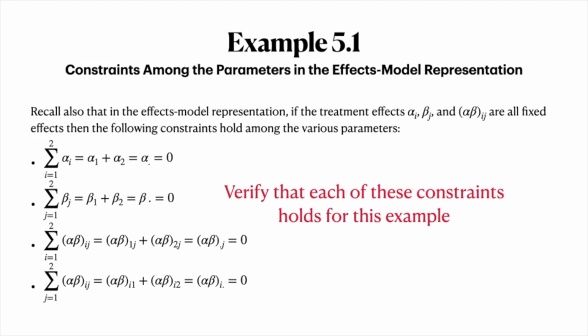The third constraint says that if we sum the alpha beta ij's over the first index specifically, then that sums to 0. And the final constraint says that if we add up the alpha beta ij's over the second index or subscript, that sum also equals 0. And so what I want you to do is to also verify that these constraints do in fact hold for this example.